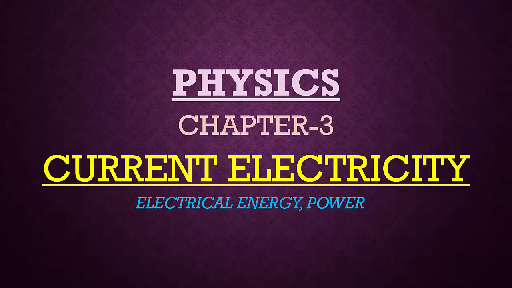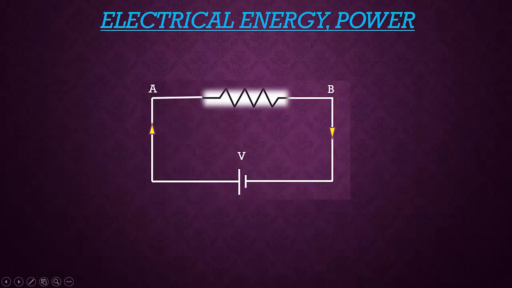First we have to know what electrical energy is. In general, energy means the capacity to do work and power is the rate of doing work. But here it is electrical energy. In an electric circuit we use a battery, a cell or a dynamo as the source.